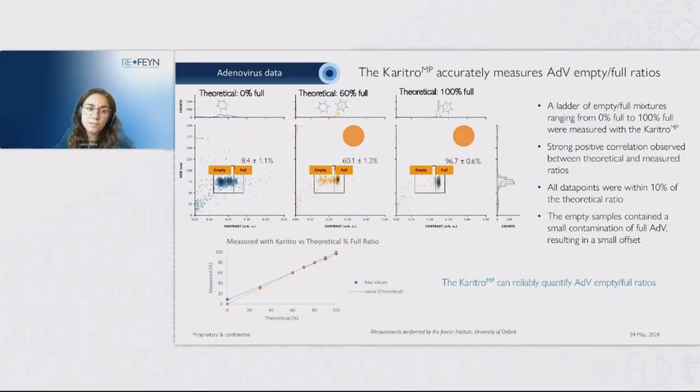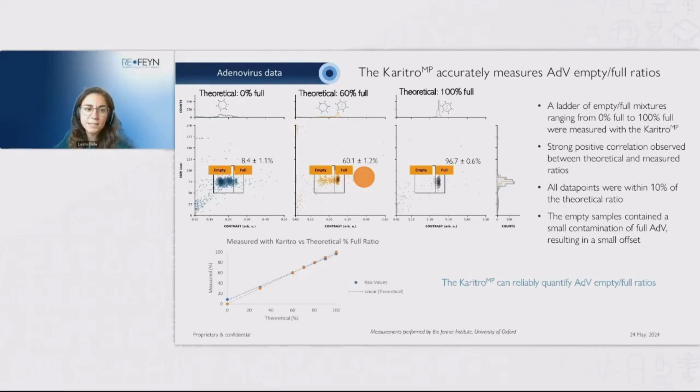The first graph shows what the theoretically 100% empty sample looks like. Here you can see a major peak in the empty region and a small amount of full capsid, about 8%.